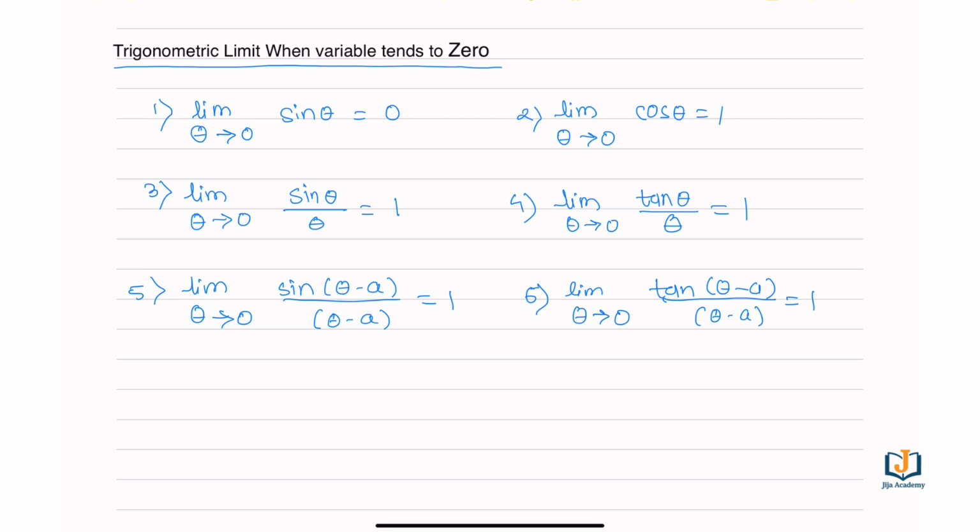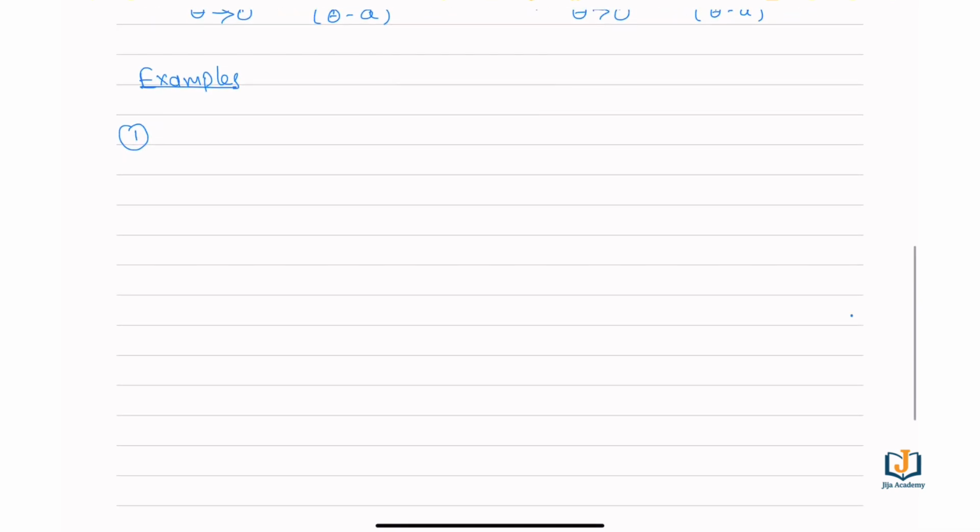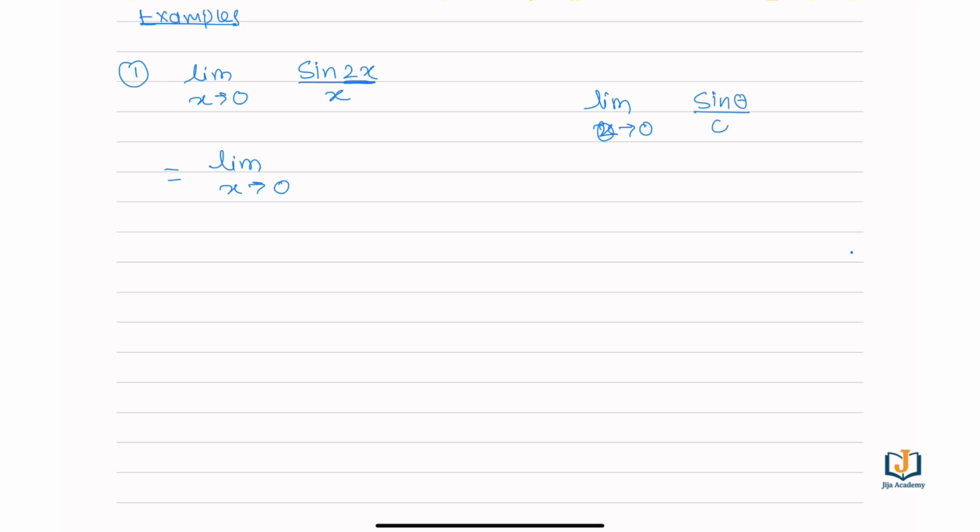Now, first one is limit x tends to 0 sin 2x upon x. Here we are using the formula limit theta tends to 0 sin theta upon theta is equal to 1.